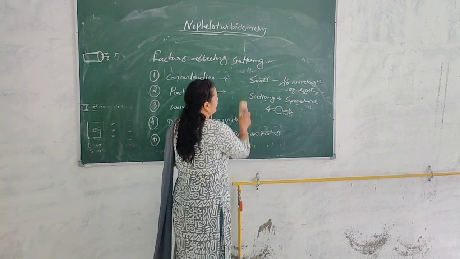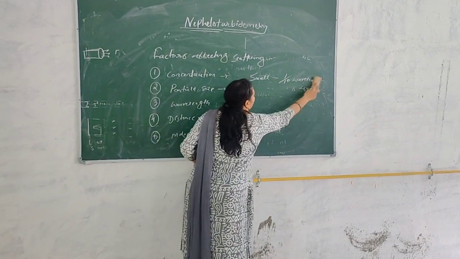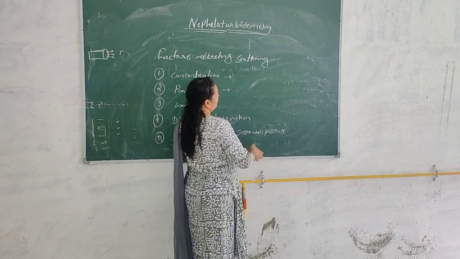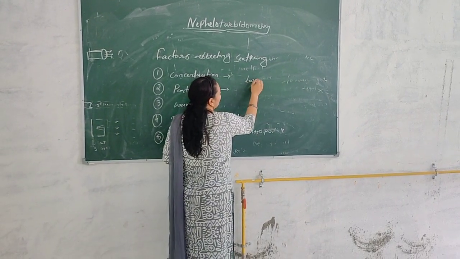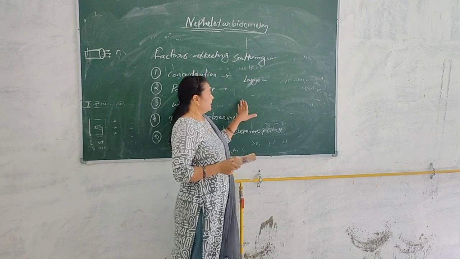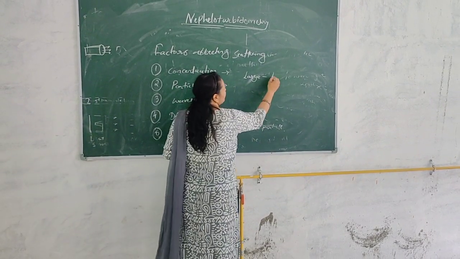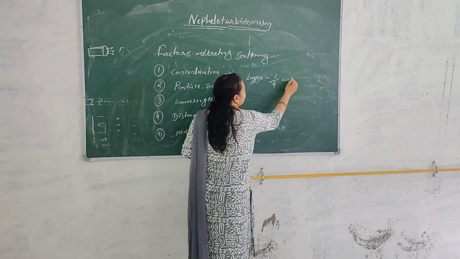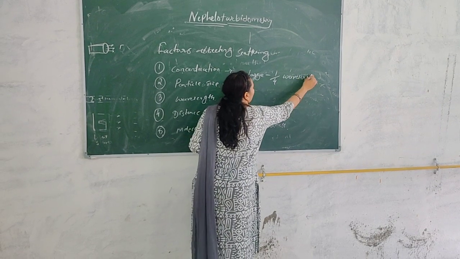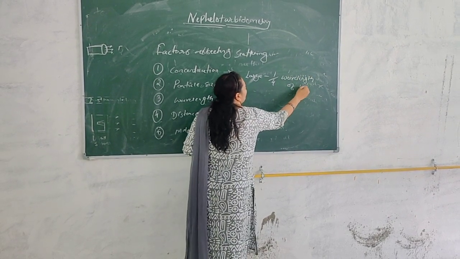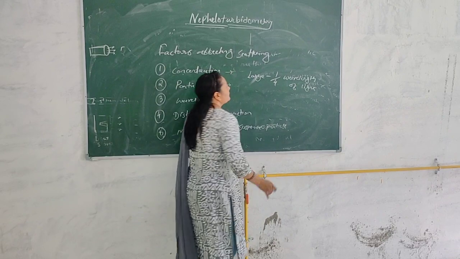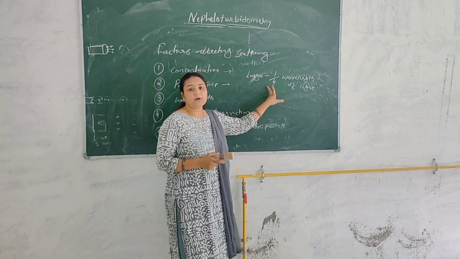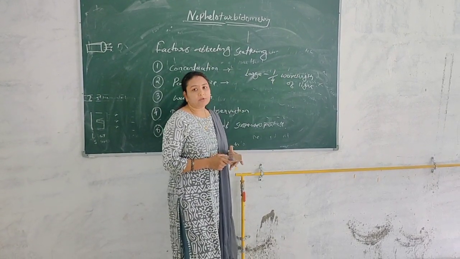In the case of a large particle, the scattering of light is 1/4 of the wavelength of light.